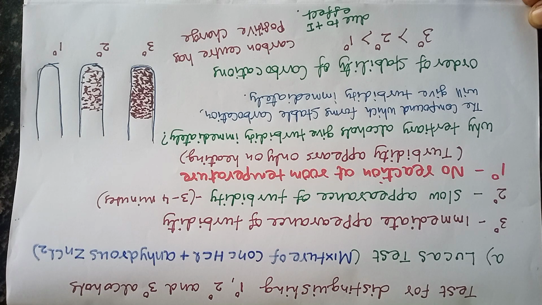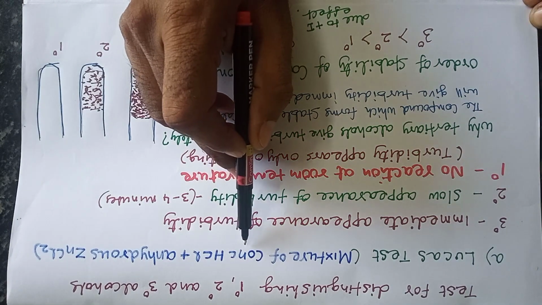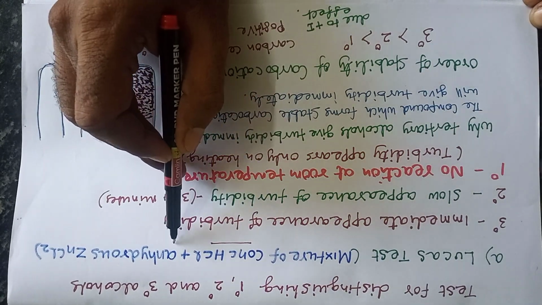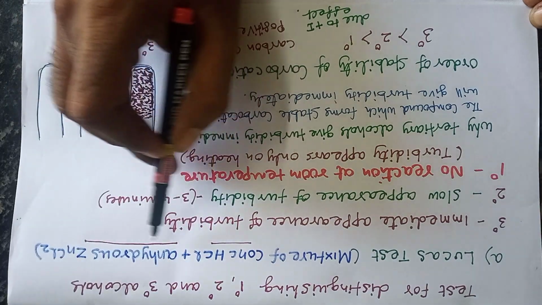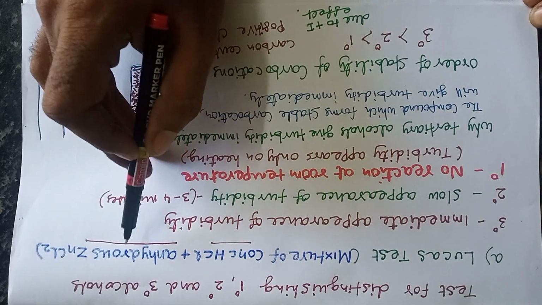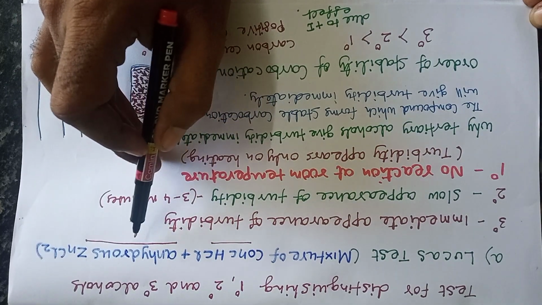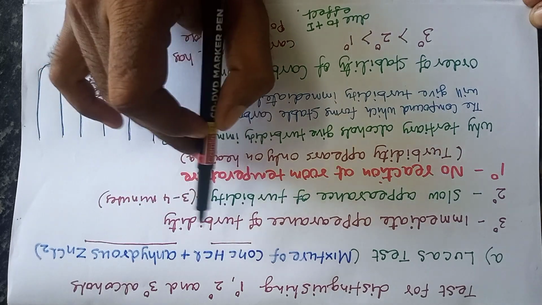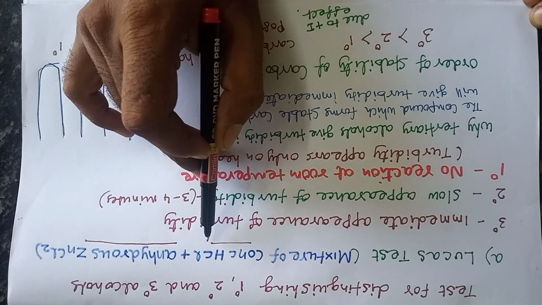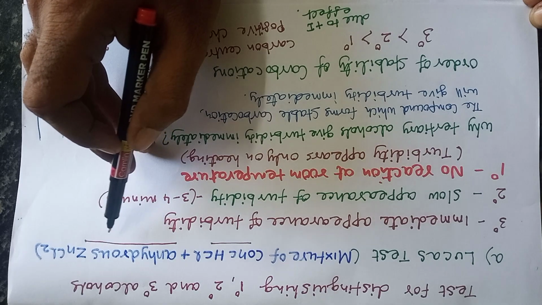Now let us understand what the Lucas reagent is. The Lucas reagent is a mixture of concentrated hydrochloric acid and anhydrous zinc chloride.